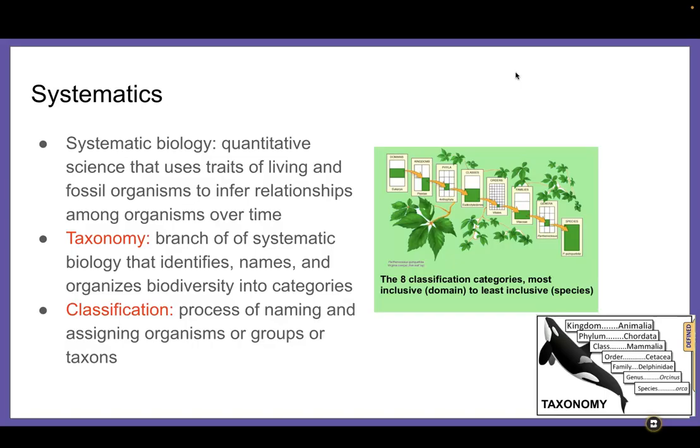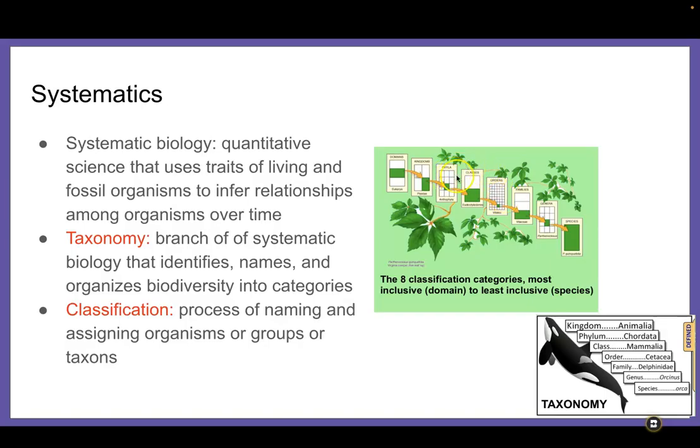Taxonomy is a branch of systematic biology that identifies, names, and organizes biodiversity into categories. You probably studied this somewhere along the lines in middle school. Well, you talk about a domain. A domain is the biggest kind of grouping, includes the least specific groupings of commonalities. And then you would talk about kingdoms, a little bit more specific.